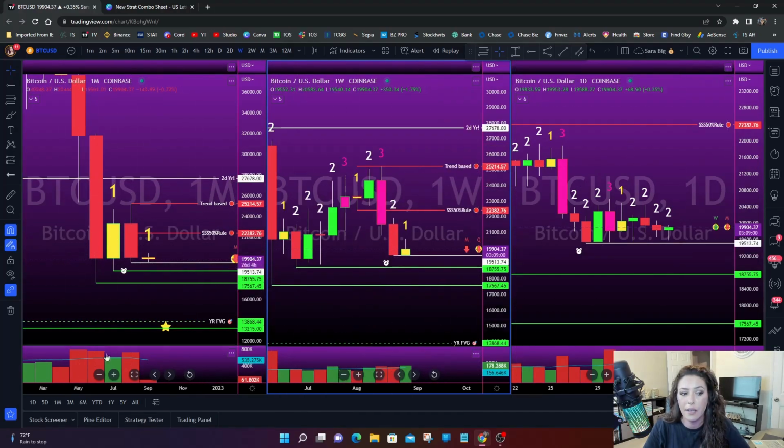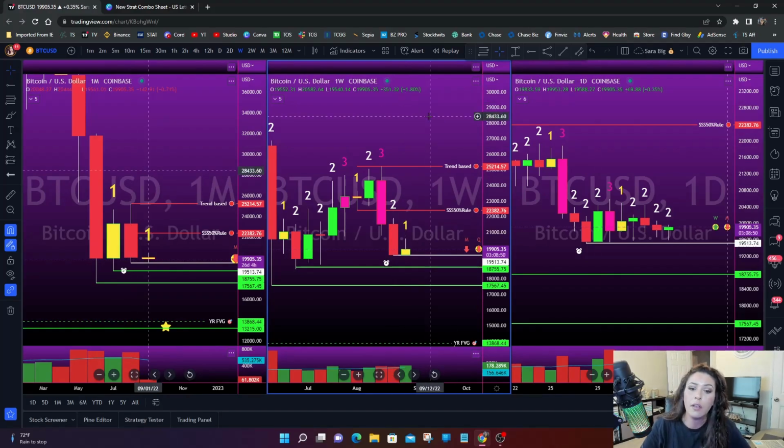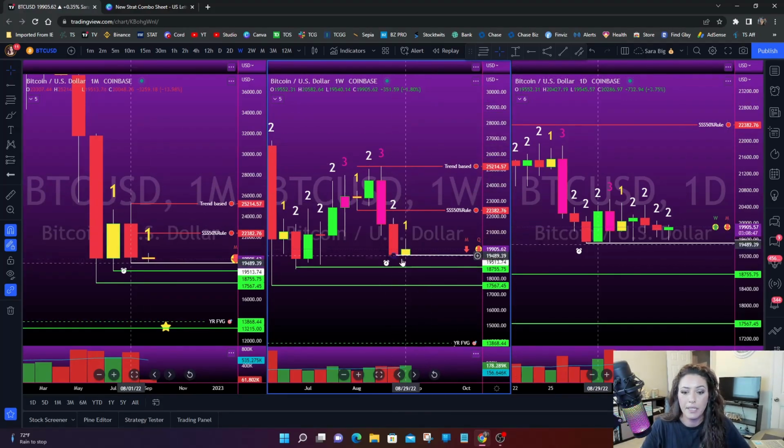So what you do, go down to a smaller time frame. Now, everything that's on this monthly chart is also drawn on the weekly chart. My drawings all sync, which is very helpful. So let's pretend this weekly candle is closed, which it's going to be closed very soon. And we look for actionable signals, bearish actionable signals on a smaller time frame.